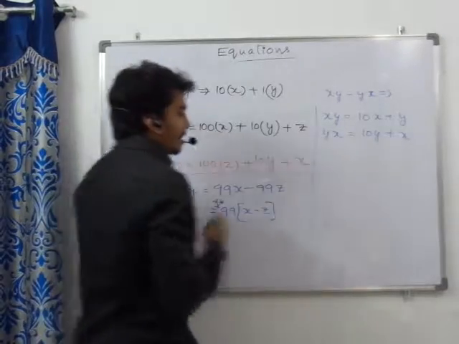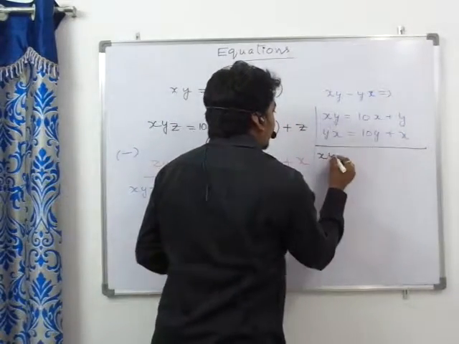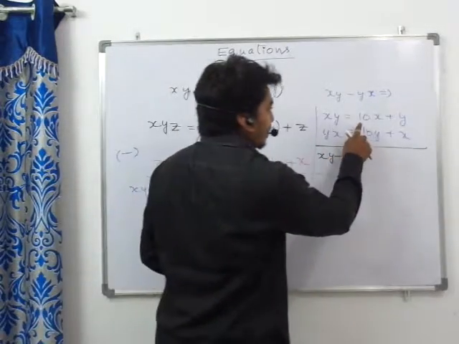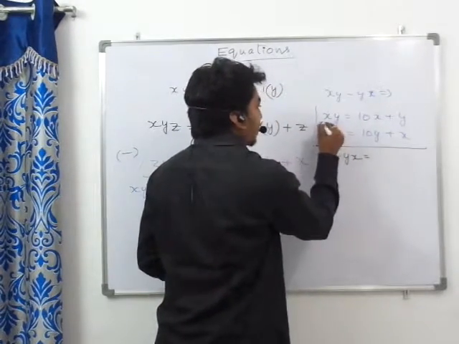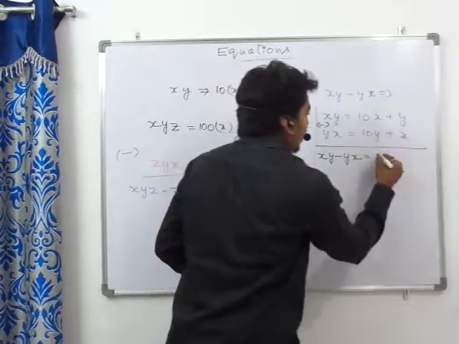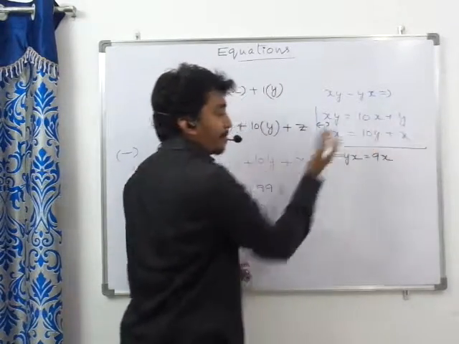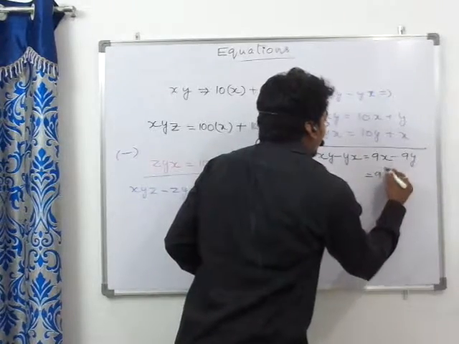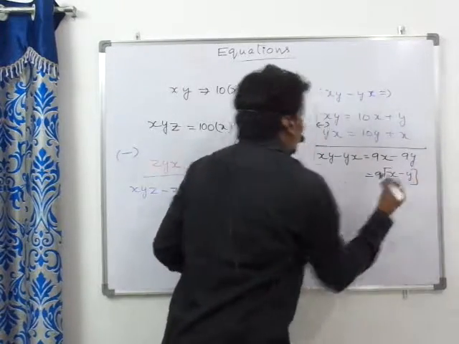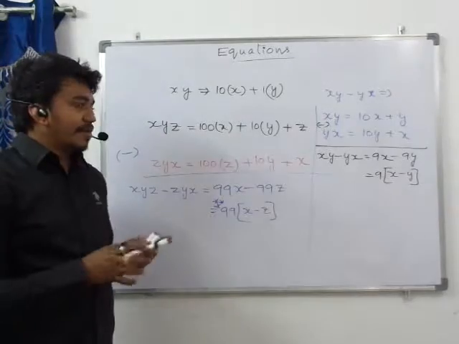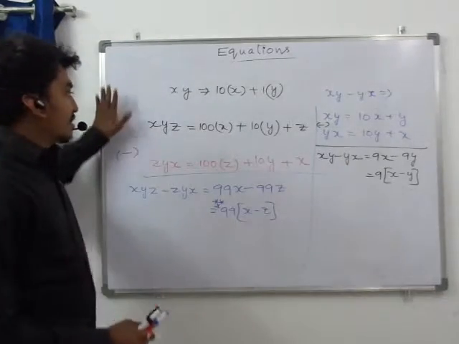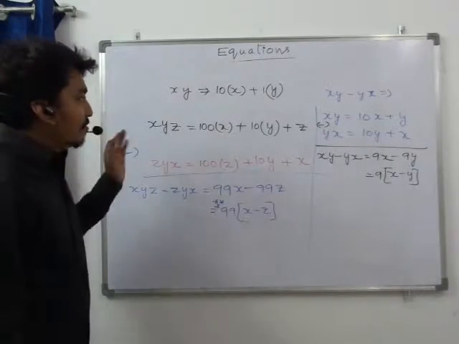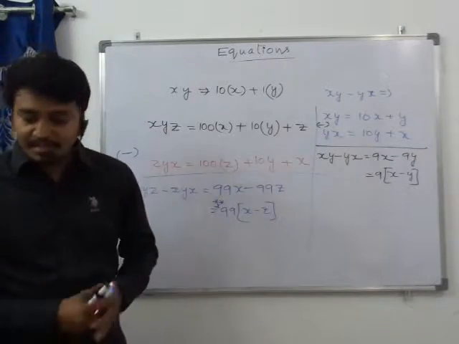The difference between the original number and the reverse of the digits: 10x minus x is 9x, y minus 10y is minus 9y. If you take 9 common, this is 9 times the difference of the tens place and units place digits. So this is the concept of place value and face value. We will use this concept while doing some questions. Let us follow.